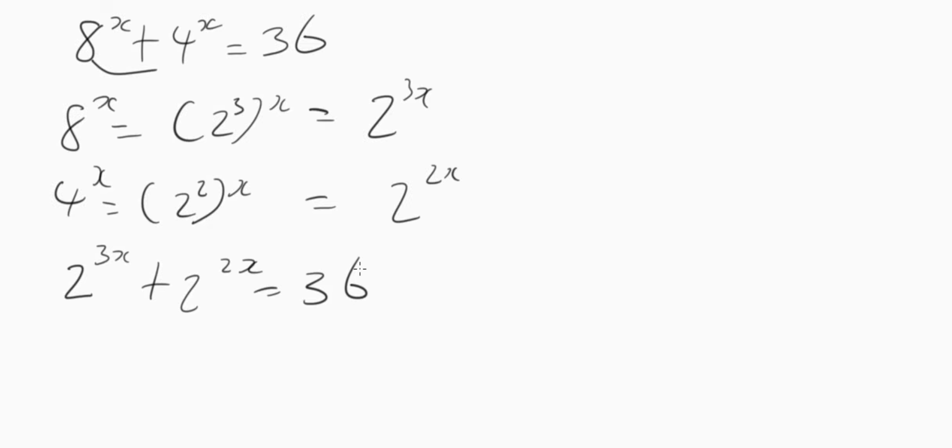Next will be to introduce a substitution to simplify the equation and make it easier to solve. We can do this by setting a new variable. Let's say in this solution we set our variable to be y, so y equals 2 to the power x.